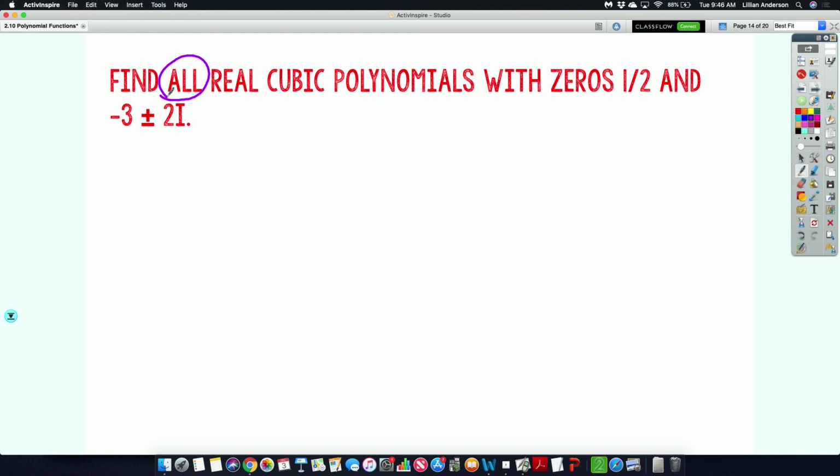We're going to write all real cubic polynomials with those 3 zeros. So we know that if I have 2 zeros, and I wrote them in their factors and multiplied them together, that would give me a quadratic.